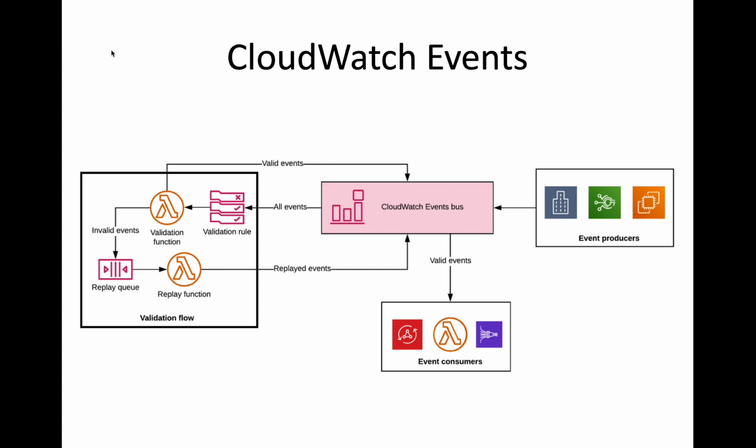When an EC2 instance spins up or an S3 bucket is created, all of those different transactions will generate an event message in the CloudWatch Events bus. Then we can design consumers, application services which will consume messages from that event bus and perhaps take some sort of action. Very, very cool service.